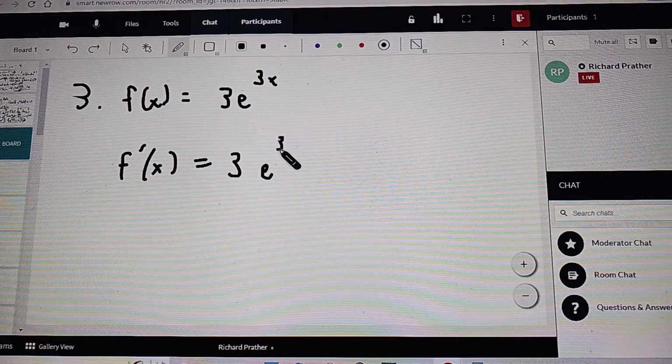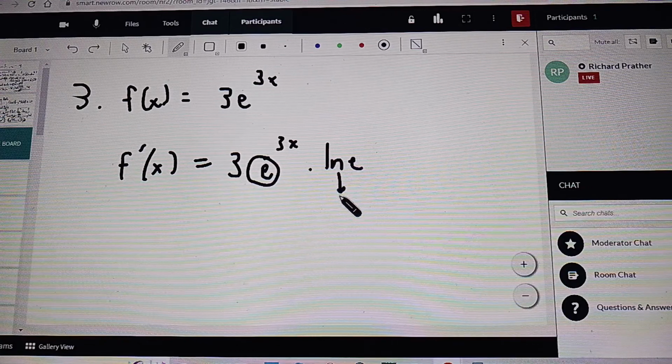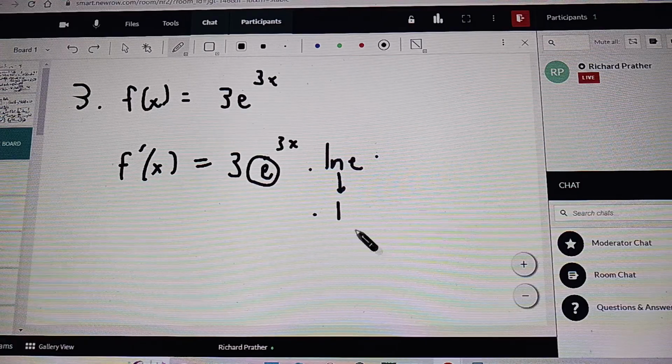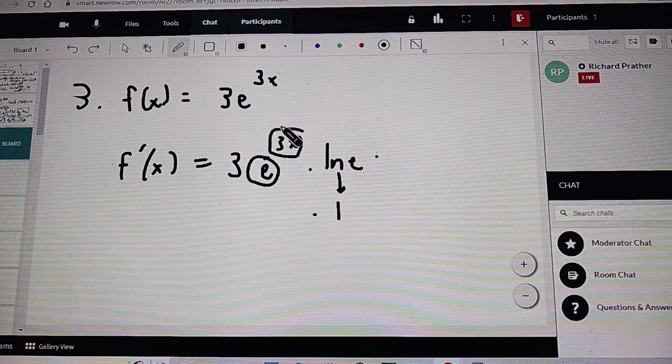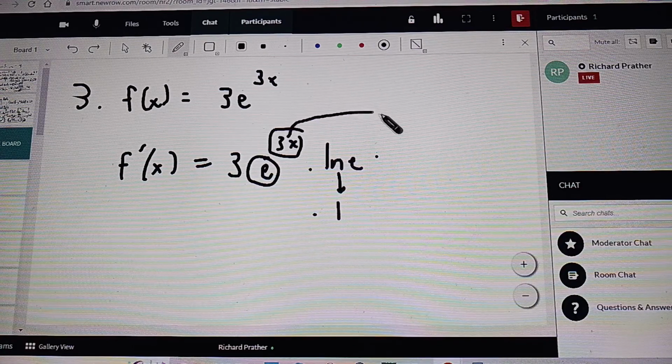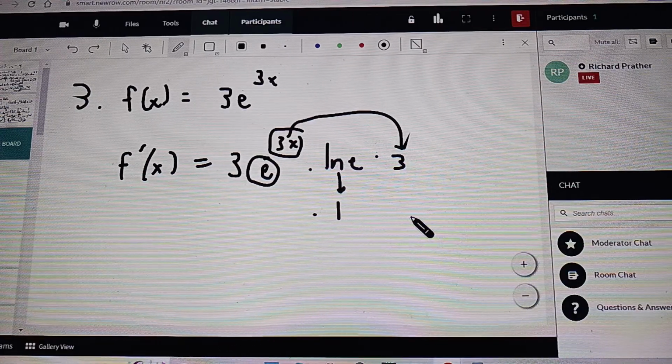You always just rewrite it as itself. Technically, there's a ln of the base. But if ever the base is e, that's equal to 1. And then times the derivative of the exponent. That's the chain rule. So the derivative of 3x is 3 because 3x is linear, so the derivative is just the slope in front, 3.